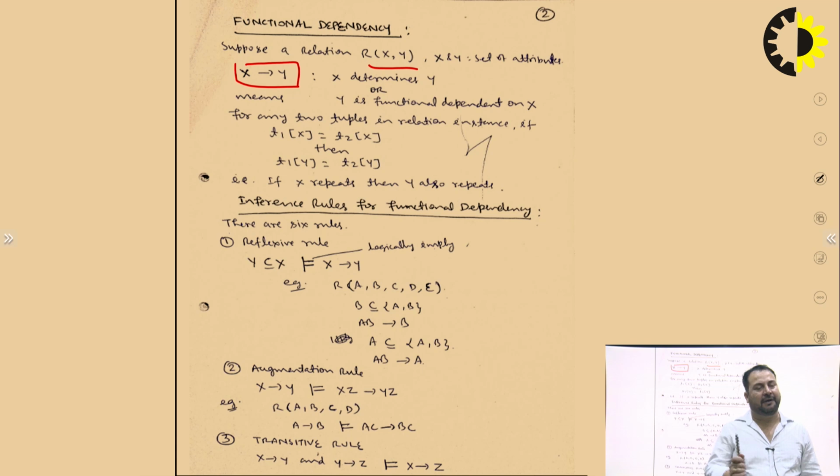The left hand side and right hand side are both attributes, or you can say lists of attributes.